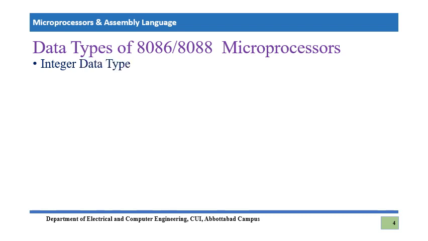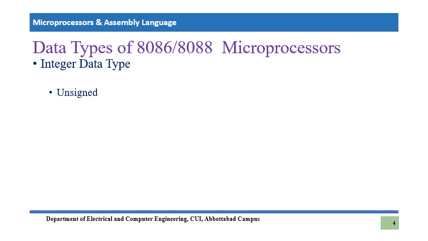So let's consider the very first, integer data type. When one is considering integer data type from the point of view of 8086 or 8088 microprocessor, there are two different integer types which can be used in programming languages when one is going to program 8088 or 8086 microprocessor. One of them is the unsigned integer data type.